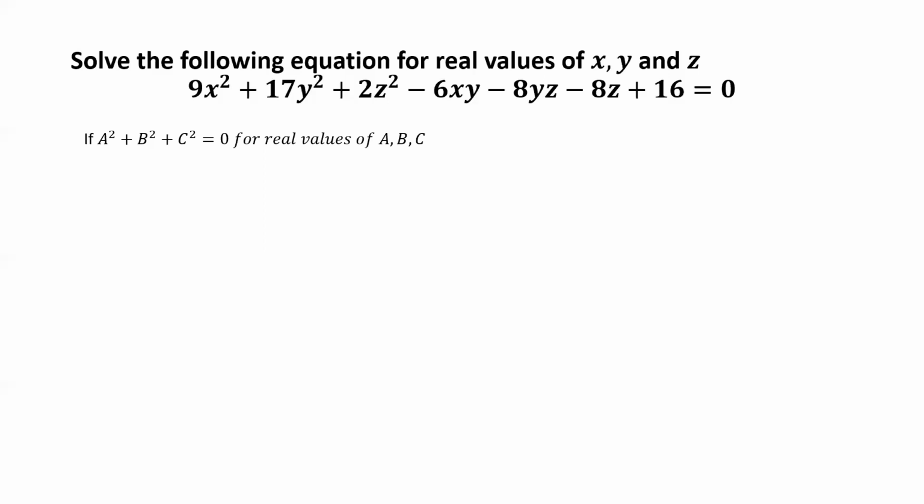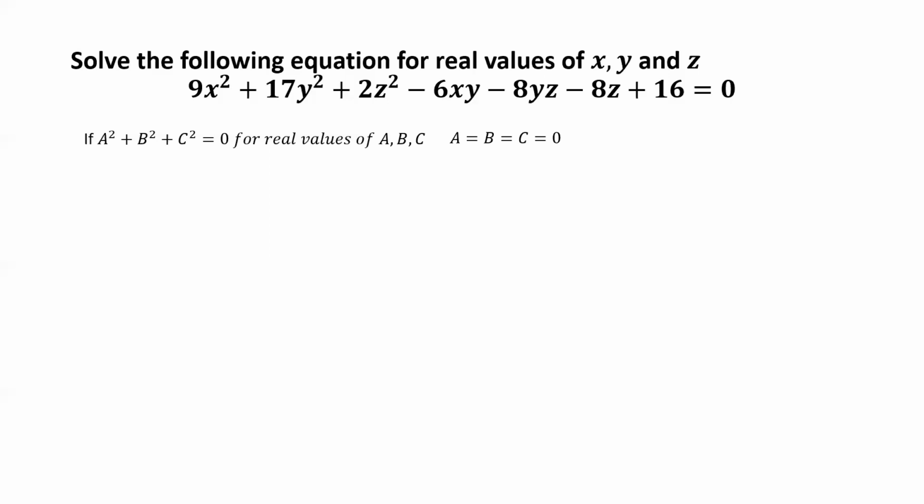So in this case, since a square plus b square plus c square is equal to 0, for this to hold true for real values of a, b, and c, the only possibility is a equal to b equal to c equal to 0. So from a scenario like this, from one single equation, we could potentially get 3 separate equations.